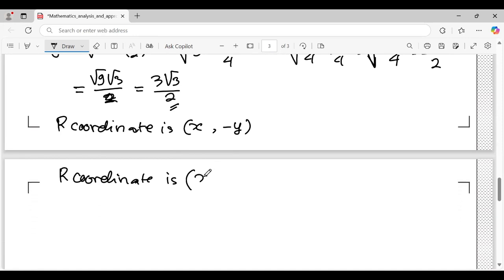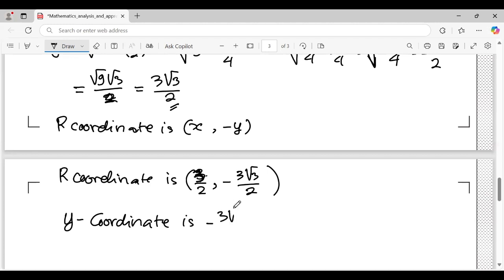The x is 3 half, so 3 half comma minus 3 square root 3 over 2. This is the coordinate point of R. And the y coordinate, according to the question, is minus 3 square root 3 over 2. This is the y coordinate, this one.